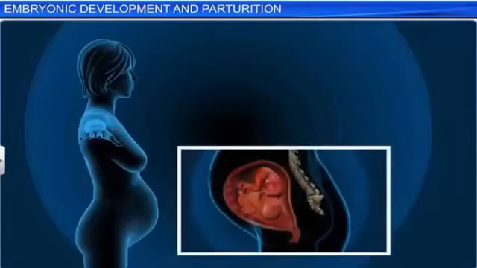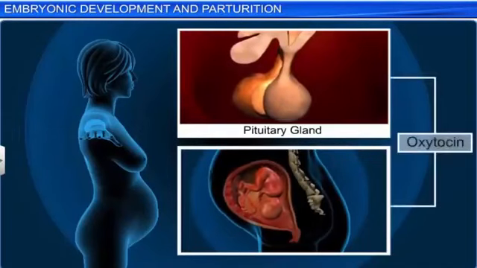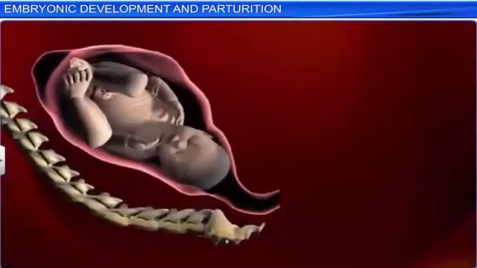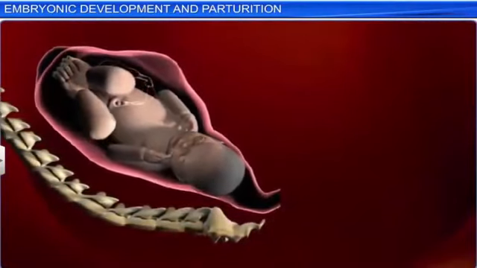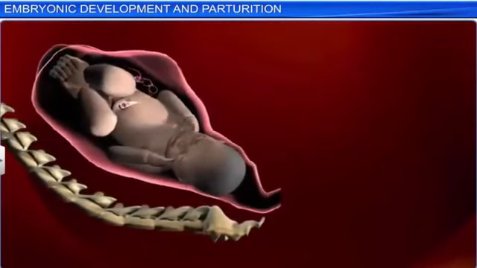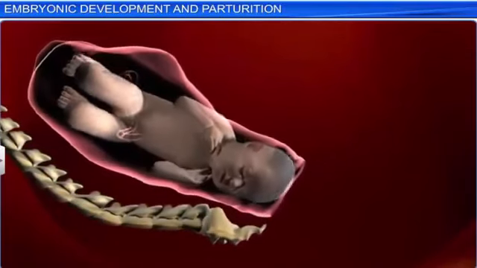These contractions in turn act on the mother's pituitary gland that now starts secreting oxytocin, a hormone that causes stronger uterine contractions. The simultaneous uterine contractions and oxytocin release makes the contractions stronger with every passing minute and ultimately results in the expulsion of the baby from the mother's uterus.